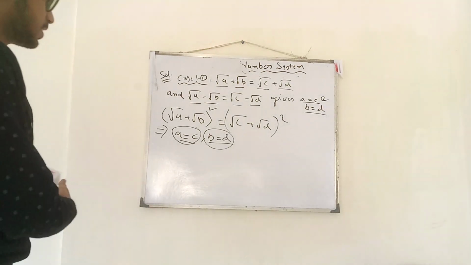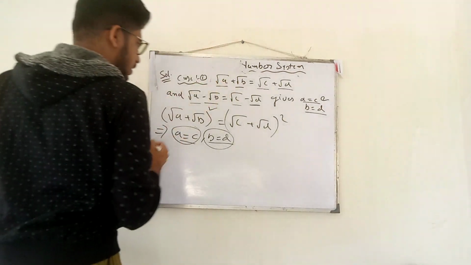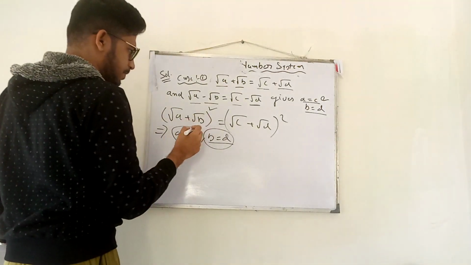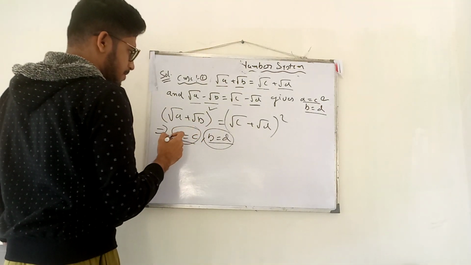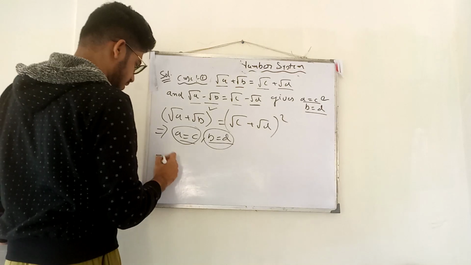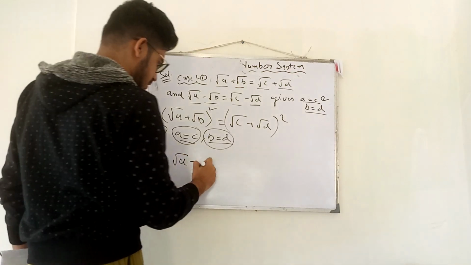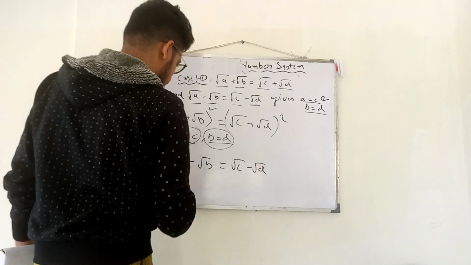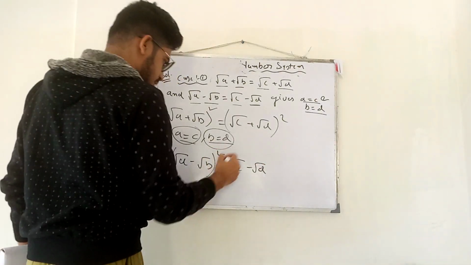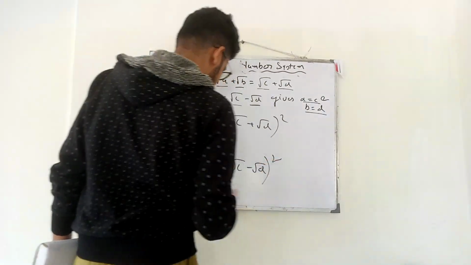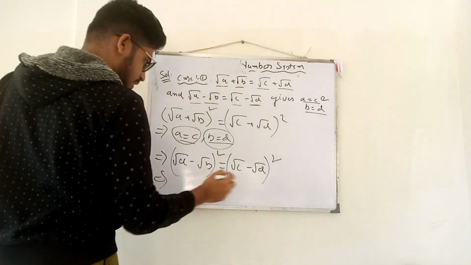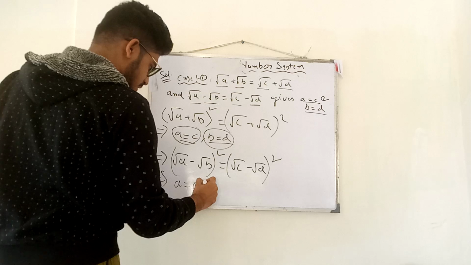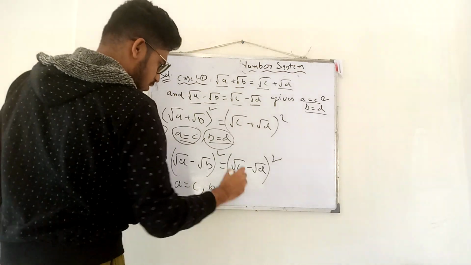In this case, root a minus root b is equal to root c minus root d. We are squaring both sides, and this becomes a is equal to c and also b is equal to d. So these are the two.